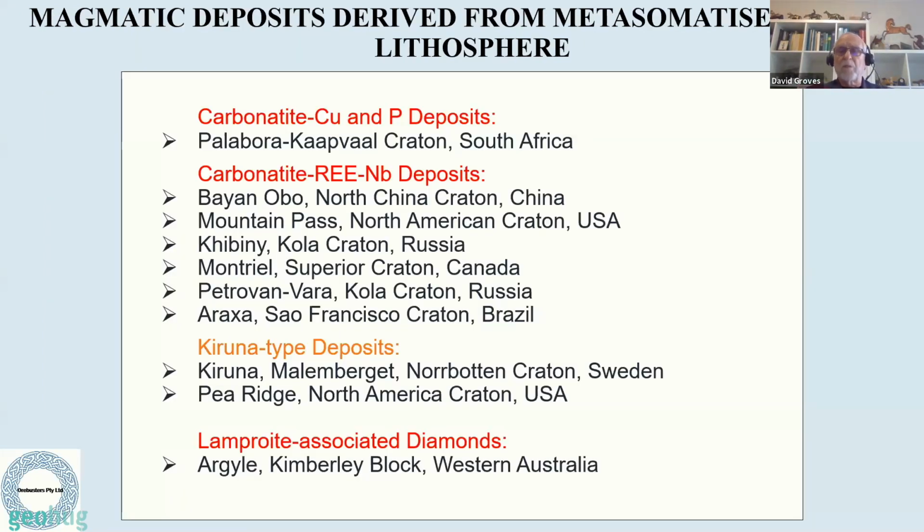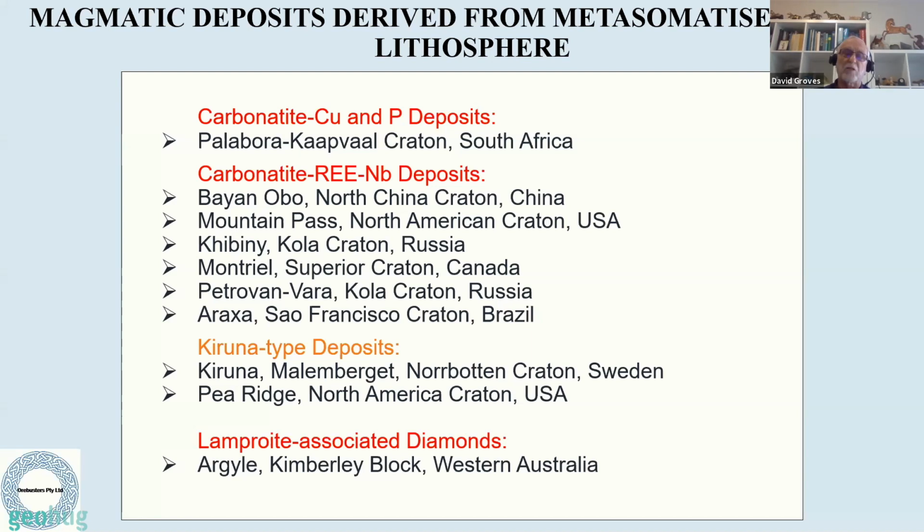And what sort of deposits do we find? So we can subdivide these. Perhaps the most obvious one is magmatic deposits derived from this metasomatized mantle lithosphere, things that have got an alkaline affinity in general. I've just listed them there: carbonatite copper and phosphorus deposits, carbonatite rare earth niobium deposits, corona type.